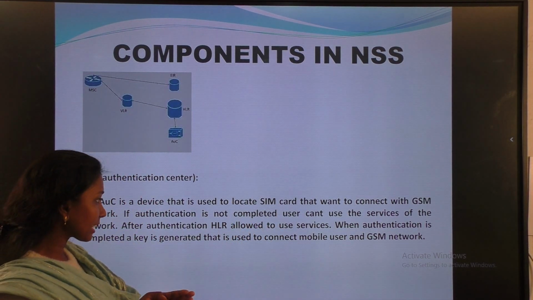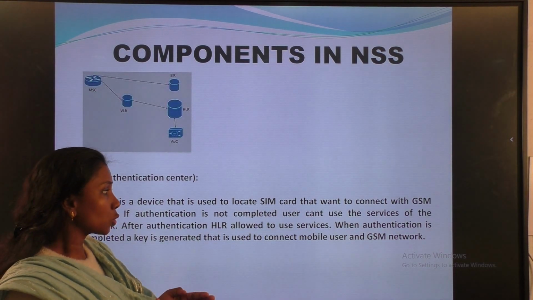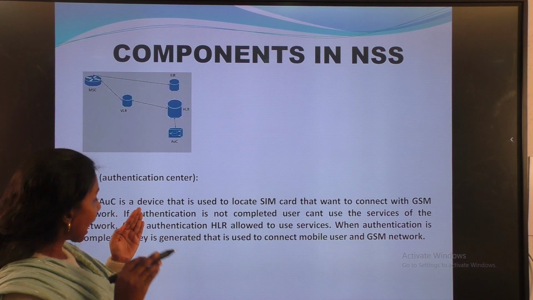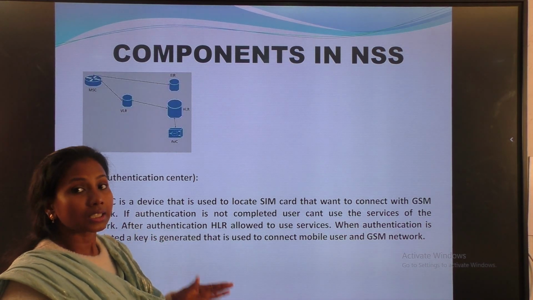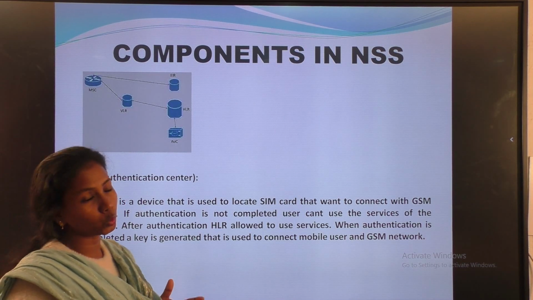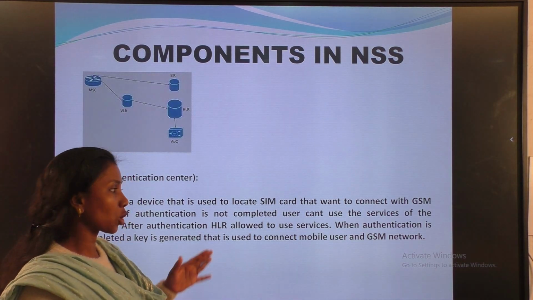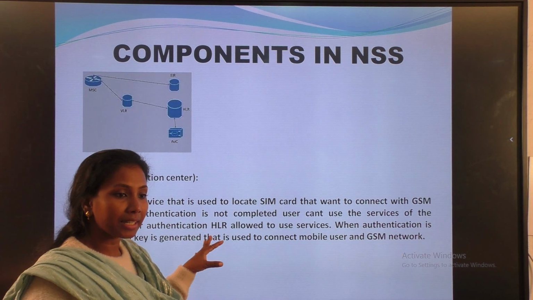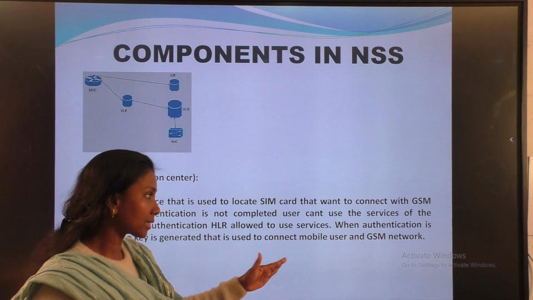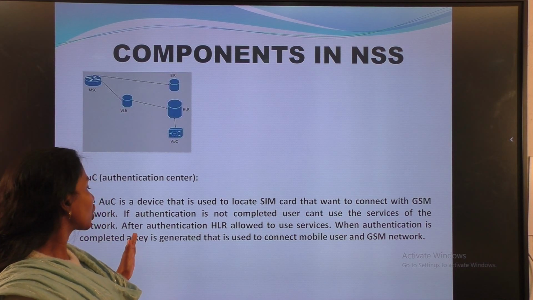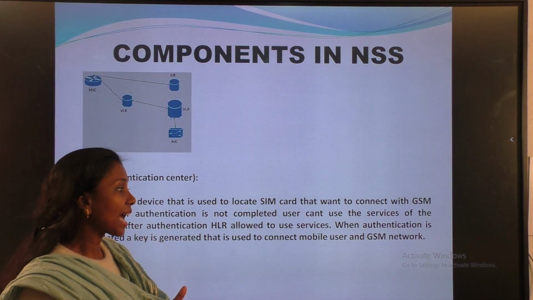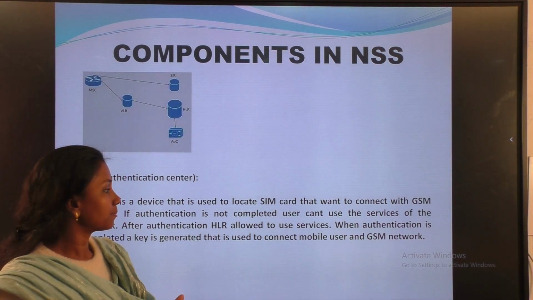If authentication is not completed, the user cannot use the services of the network. After authentication, the HLR, your home location register, allows the user to use the services because it holds the database of the subscriber in a permanent manner. When the authentication is completed, a key is generated that is used to connect the mobile user and the GSM network.